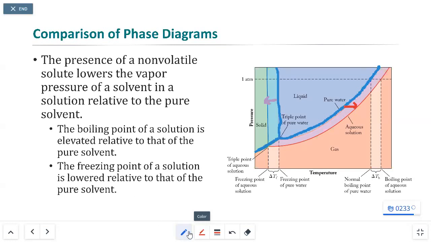And so we have a term for those changes. We call this the freezing point depression.